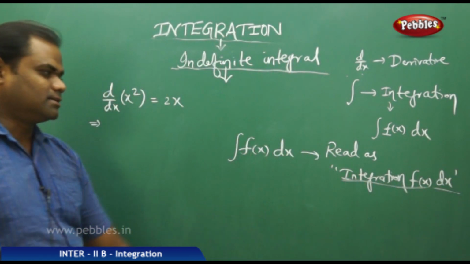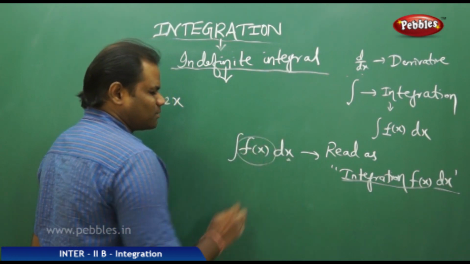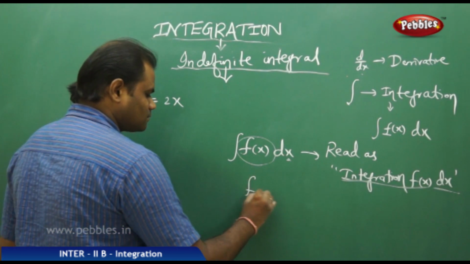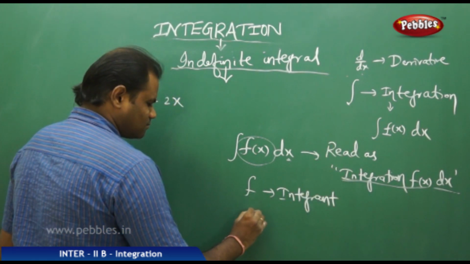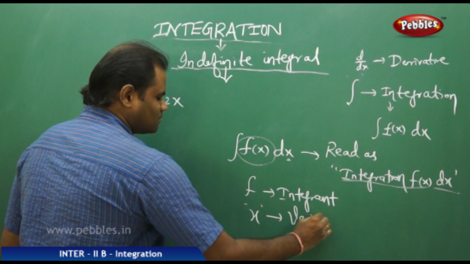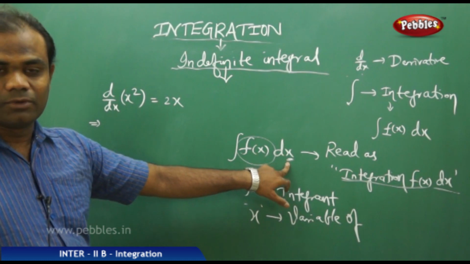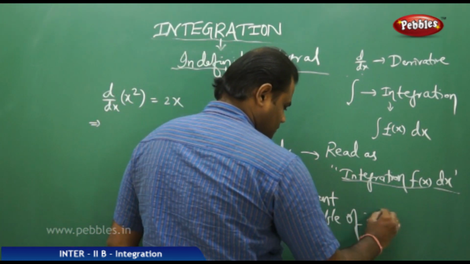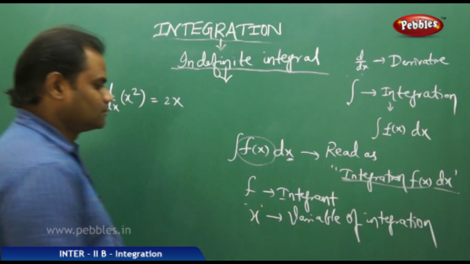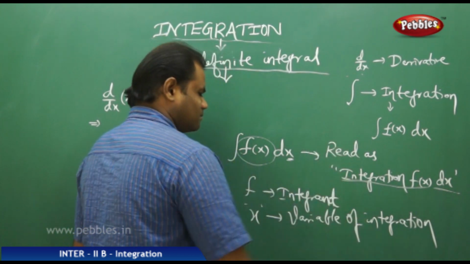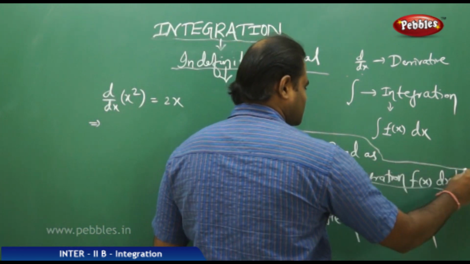Therefore, when I write the function which is being integrated with respect to x, f is called the integrand and x is called the variable of integration, because this is the variable through which I am going to integrate. This is how we understand the notation integral f of x dx.